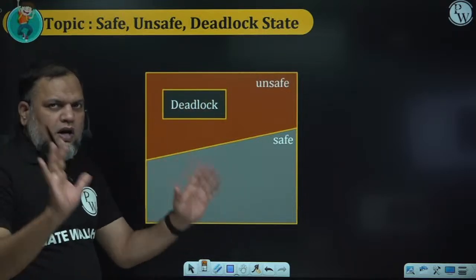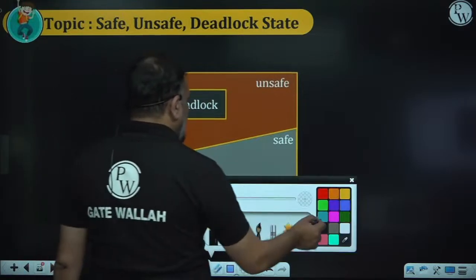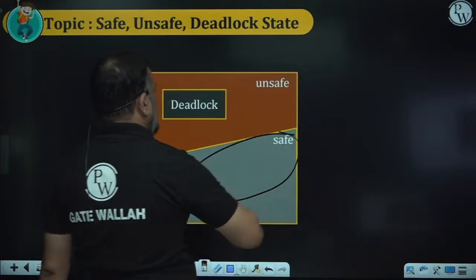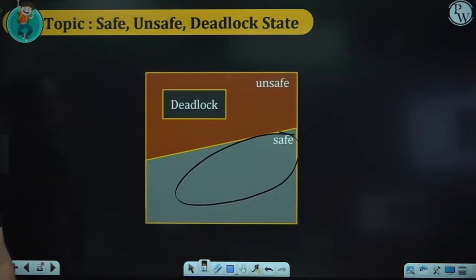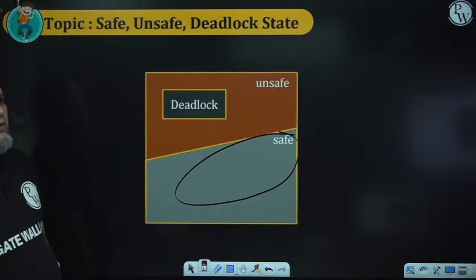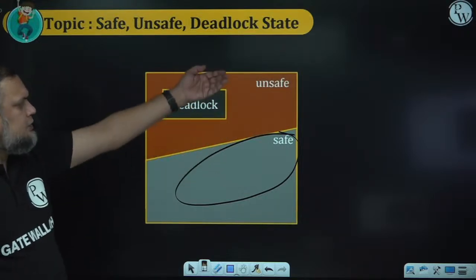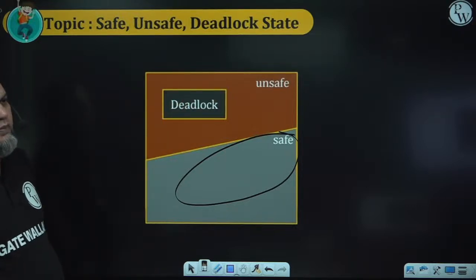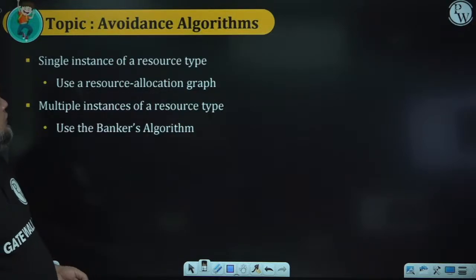Never allow the system to go into unsafeness. So from safe आप unsafe पे जा सकते हो, from unsafe you may enter into deadlock, which should not happen. ठीक है? So that's the point.